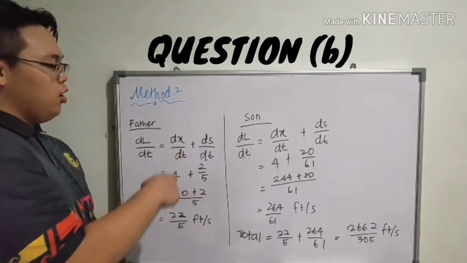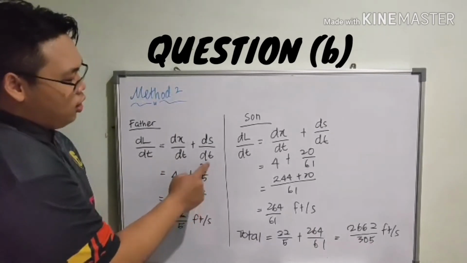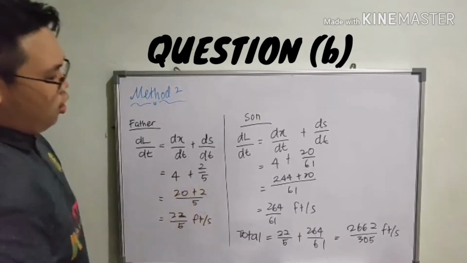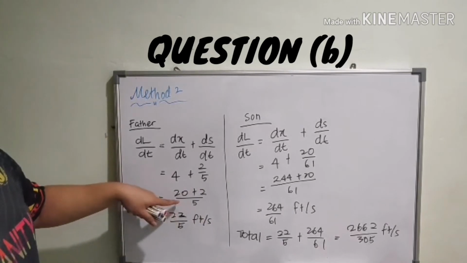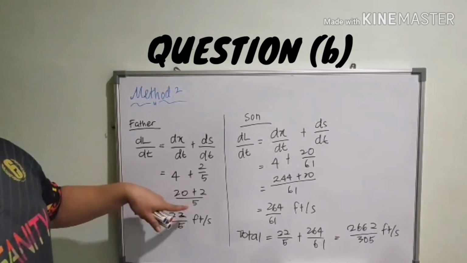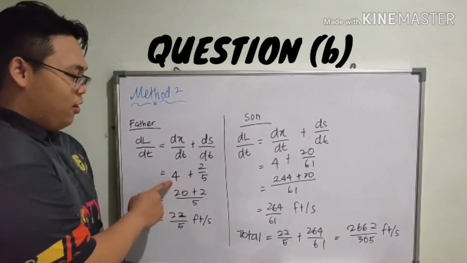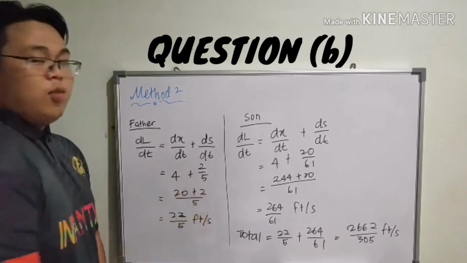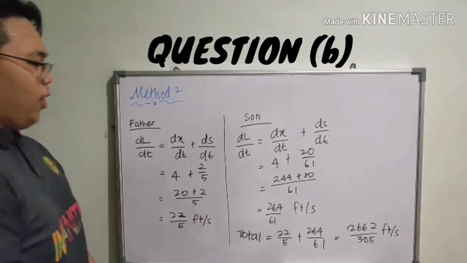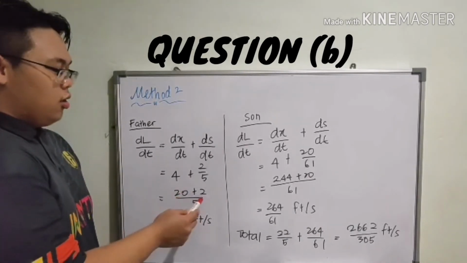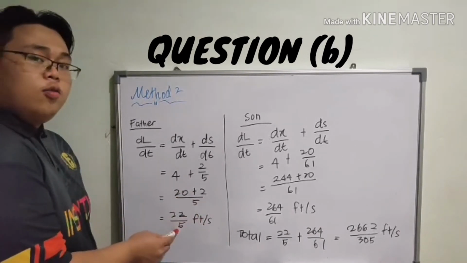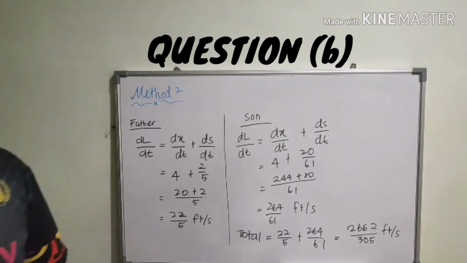Just plug in the values and add, and you get this. Why do you get 20 plus 2 over 5? Because 4 is multiplied by 5 to make the same denominator. So you get 20. Just add and you get 22 over 5 feet per second.